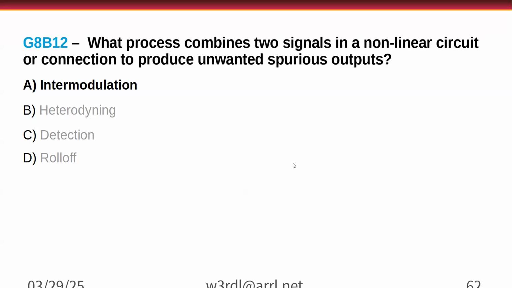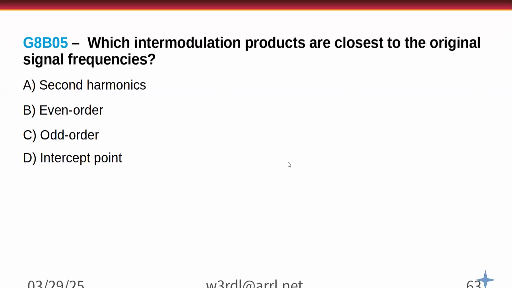Yeah, let's go with alpha. Which intermodulation products are closest to the original signal frequencies? Second. Even, even order. Well, we got a lot of guesses.